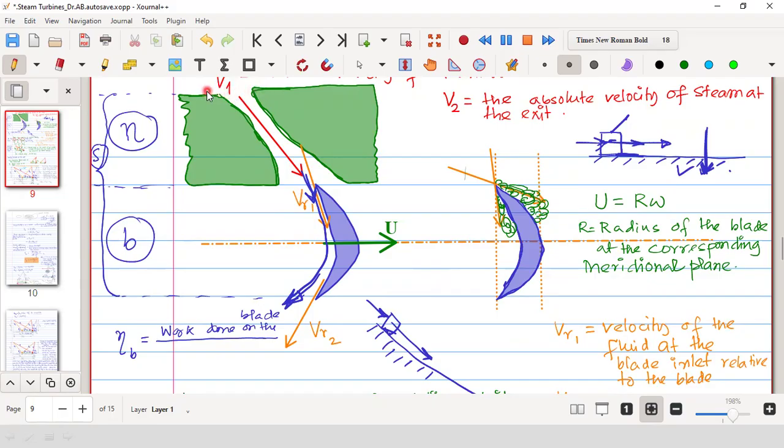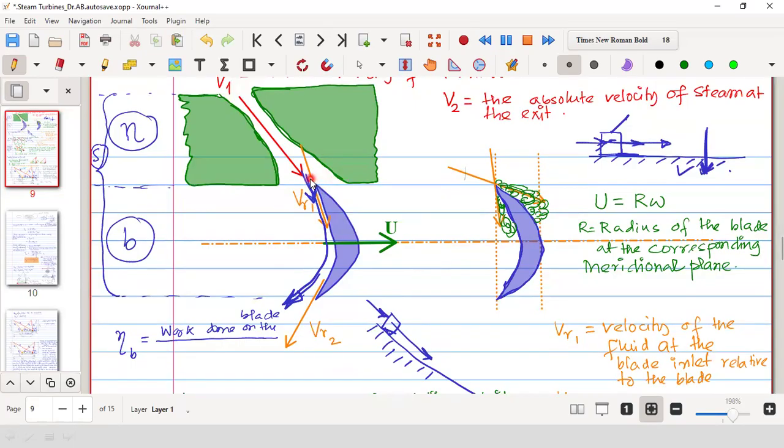So high enthalpy steam, when it was allowed to expand through the nozzle, that high enthalpy was converted after expansion into high kinetic energy. That was there at the entry to the blade, that means from the exit of the nozzle, which is the entry of the blade.